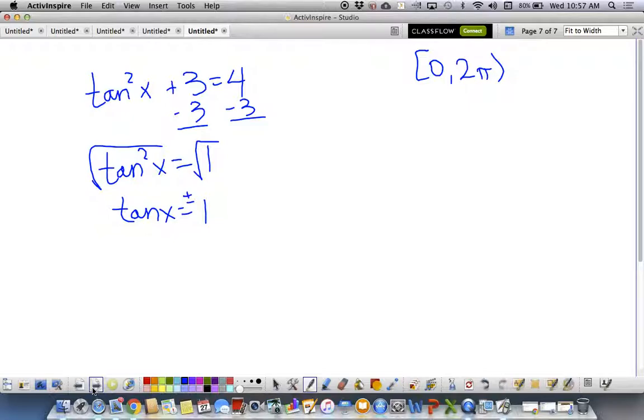Where is tangent positive 1 and negative 1? If you went tan squared x minus 1 equals 0 and thought, what is the difference of squares? How does the difference of squares factor every time?